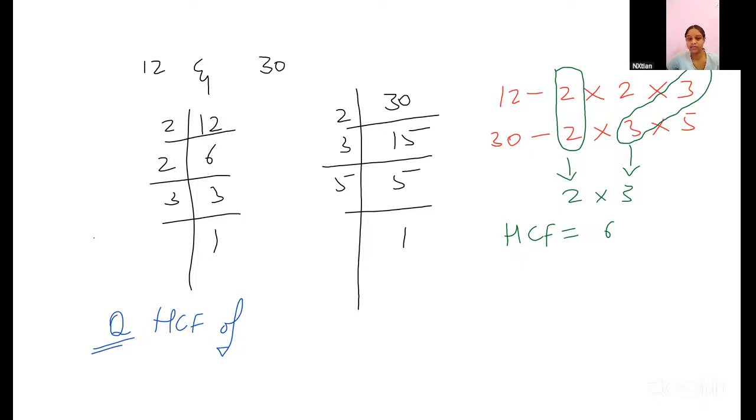12, 15, and 18. See, the method remains the same. Okay. Right now, I was writing here listing numbers of 2 factors. You will list 3 and then make pairs out of the 3.